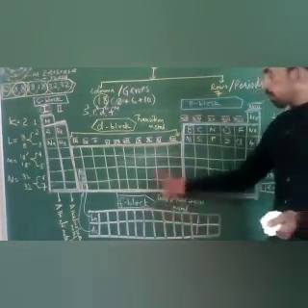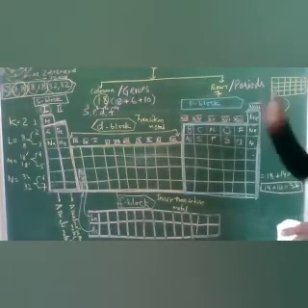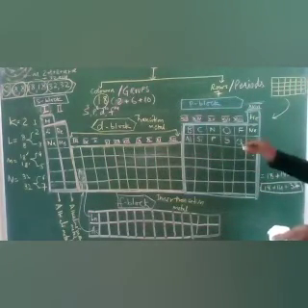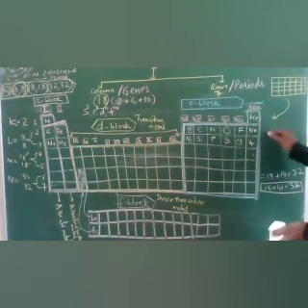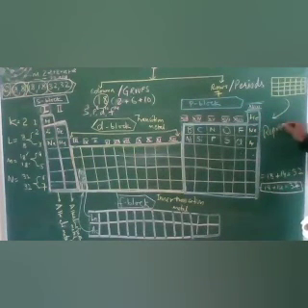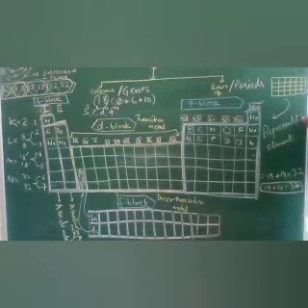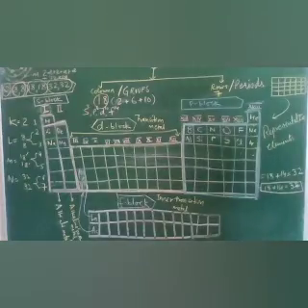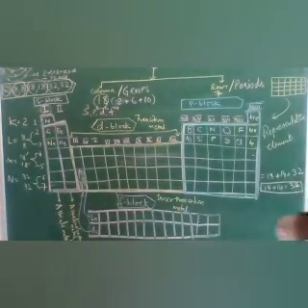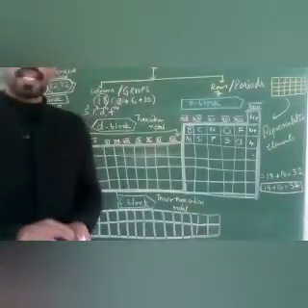It is the F block. Now what is left? The P block. The P blocks are called representative elements.